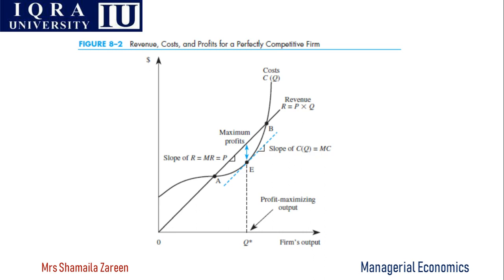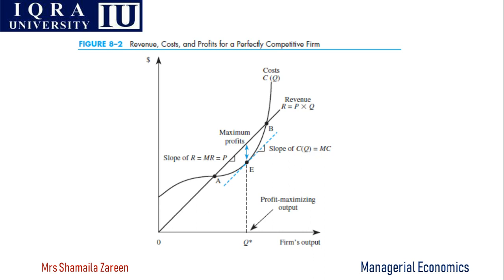The profit maximizing level of output is that level at which the vertical distance between the revenue line and the cost curve is greatest.